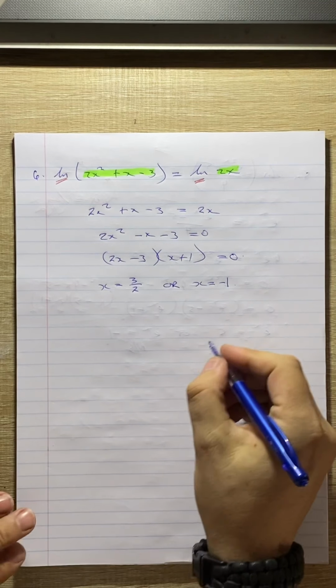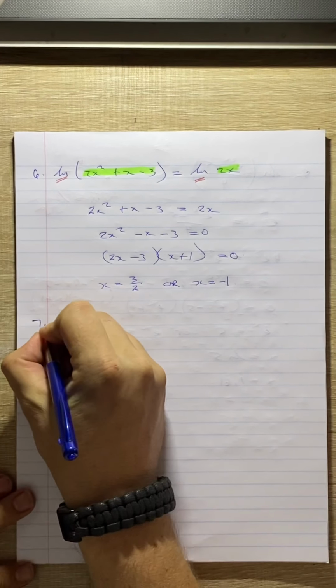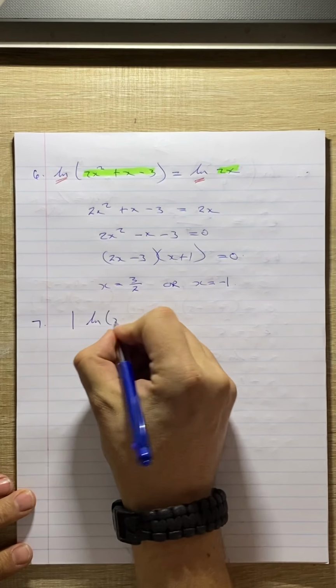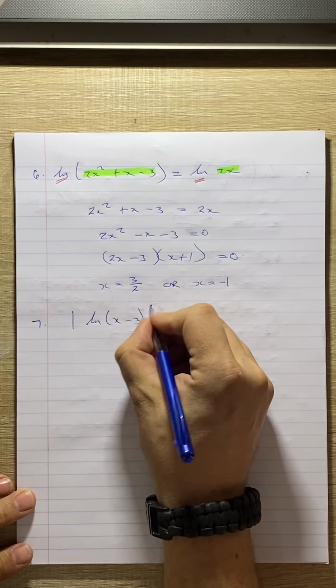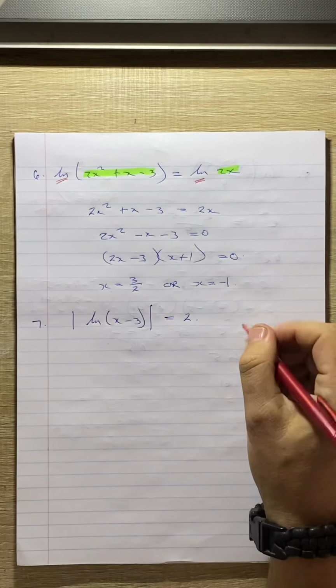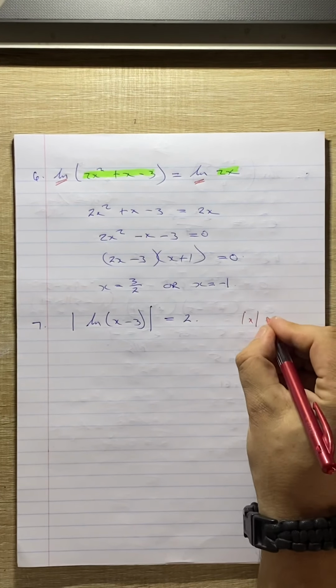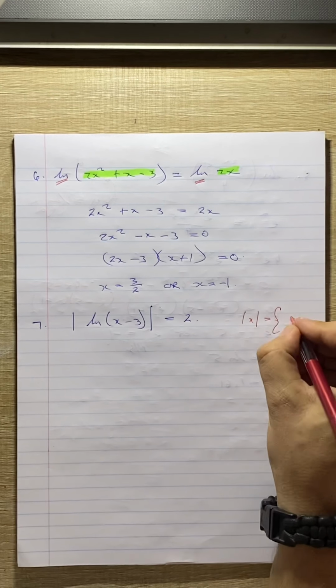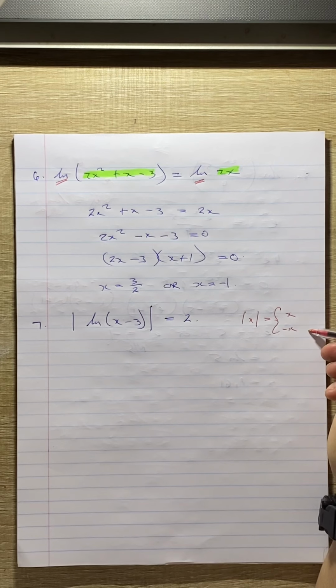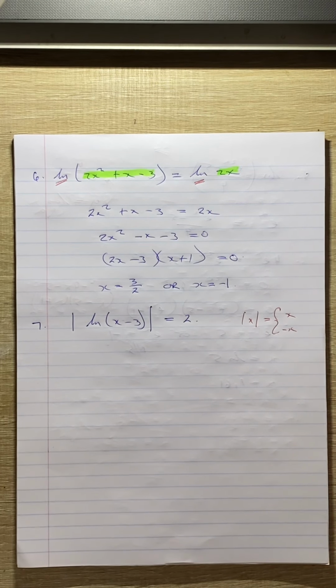Right, let's have a look at example 7. We've got |ln(x − 3)| = 2. Now remember, the definition of absolute value is that it is equal to two things. It's either equal to x or −x, depending on if x is positive or negative.